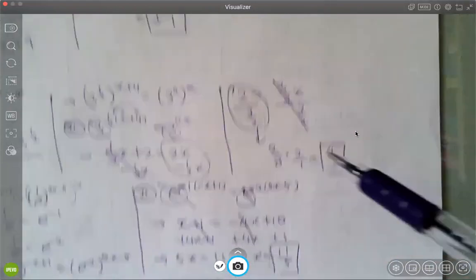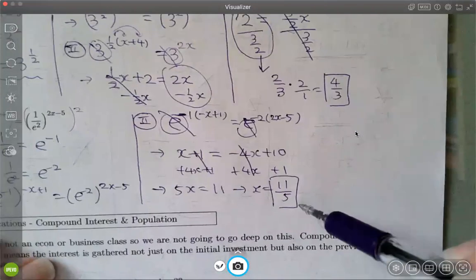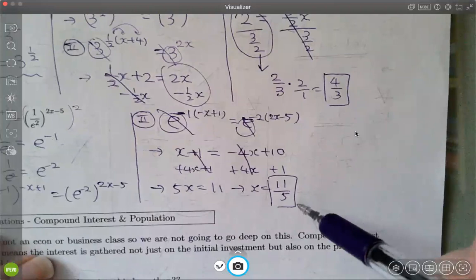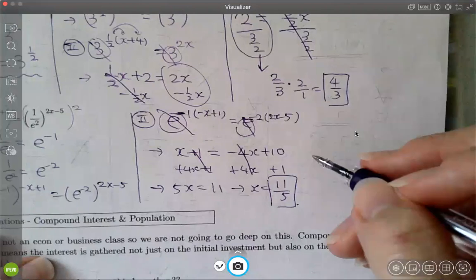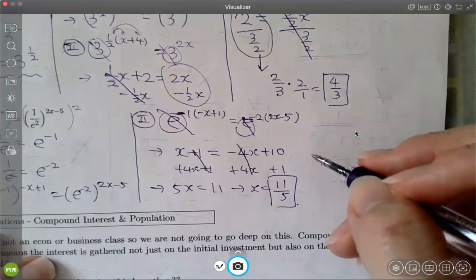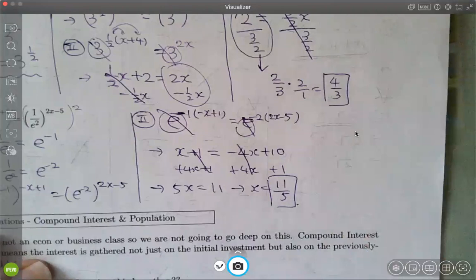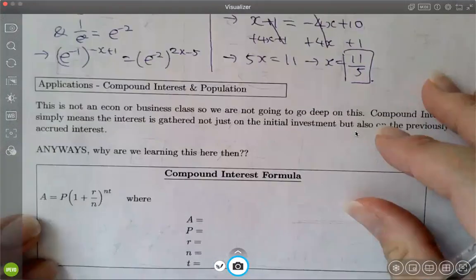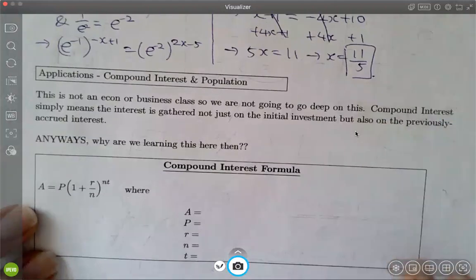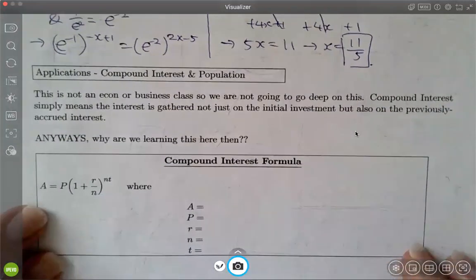Some people might dispute that 11 over 5 is a simple fraction, but it's way better than like 11,000 or over 510. So if you see any complicated looking fraction, then you did something wrong. And that's a really good assumption.